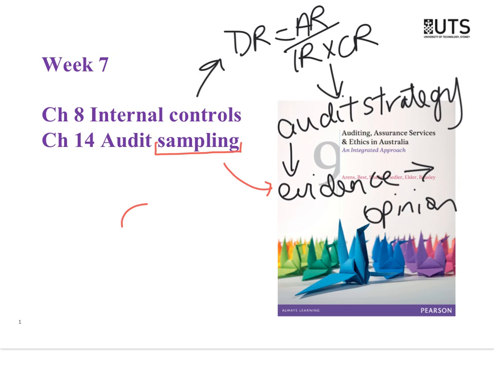All right? So if this is the entire population of transactions, we're only going to test some of those transactions, and then we're going to make our opinion based on that small segment. But we're going to make an opinion about the entire set of information, even though we've only looked at some of it. And that's what sampling is all about.